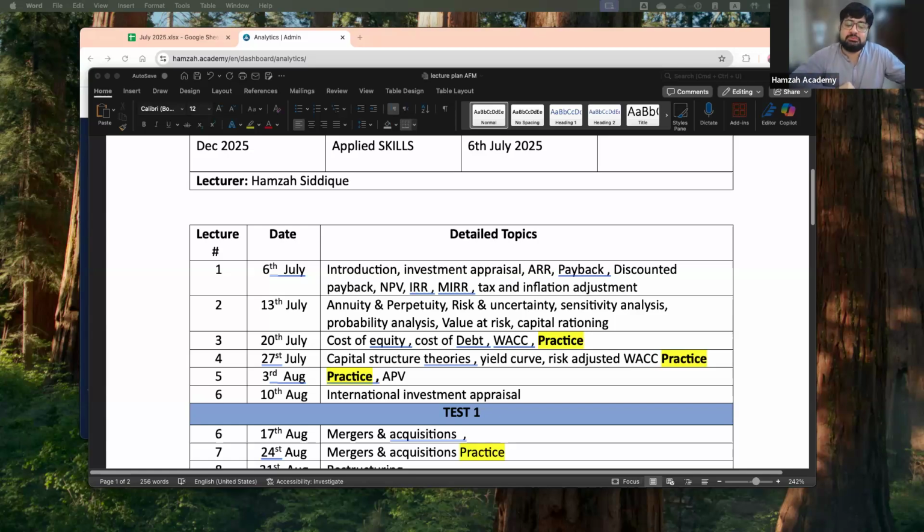Depressed share value. Banks are not lending due to government restrictions. New funds cost is very high. Interest rates are very high. So you cannot raise funds. So hard capital rationing is because of factors external to the organization.